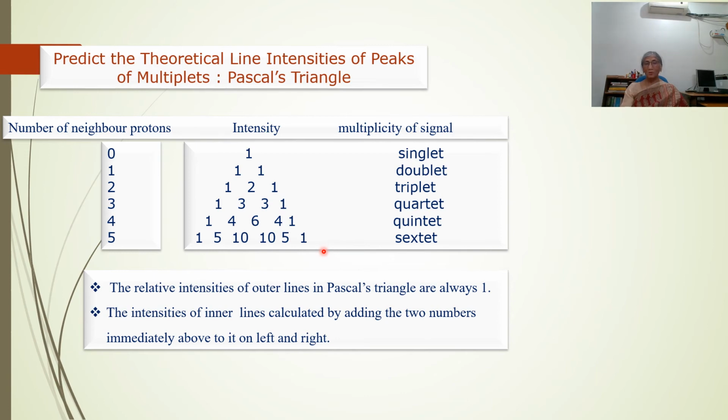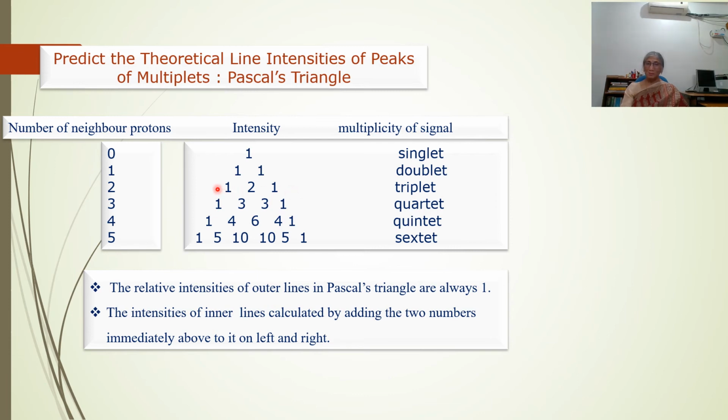For the construction of Pascal's triangle, the intensity of the outer peaks is always taken as 1. The intensity of the inner peak is calculated by adding the 2 numbers present immediately above that number. For example, if there are 2 neighboring protons, then the signal will split up into 3 peaks.